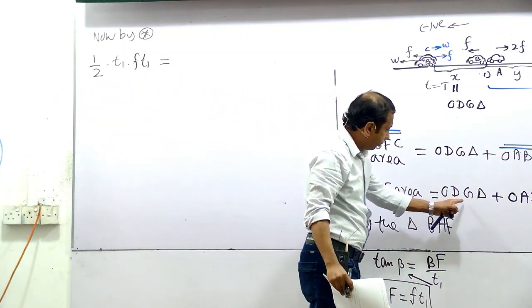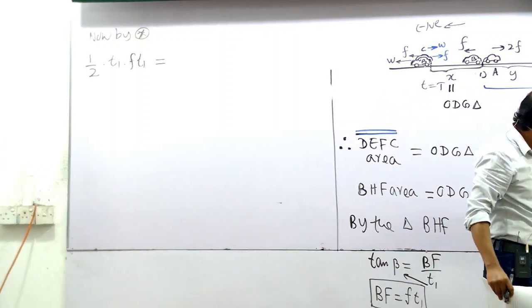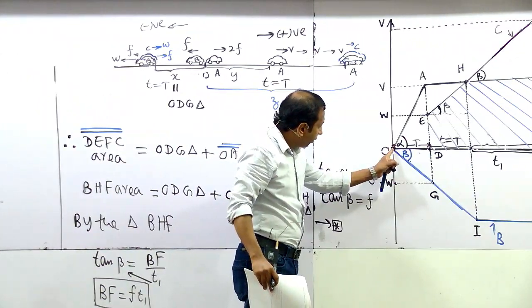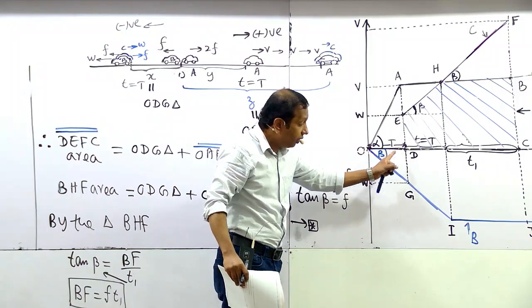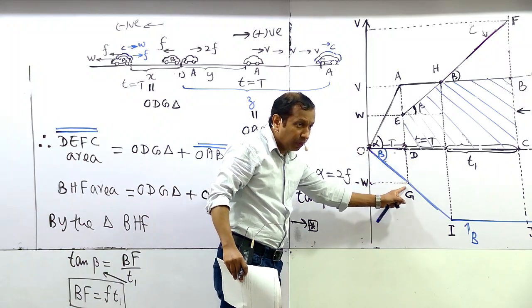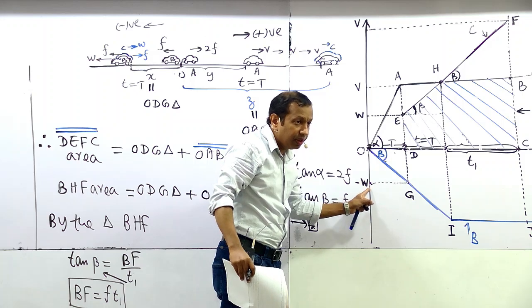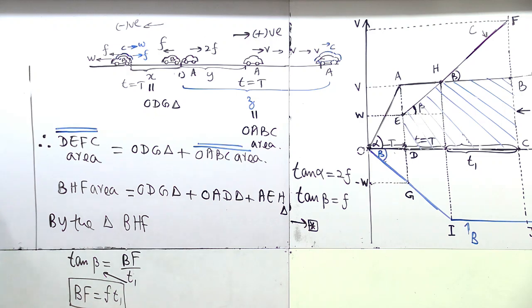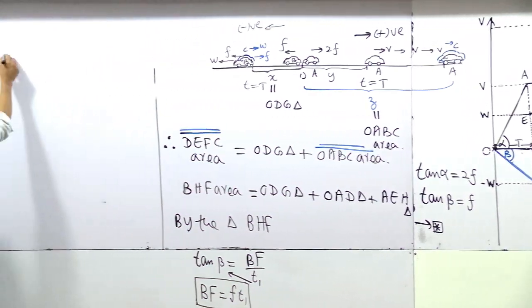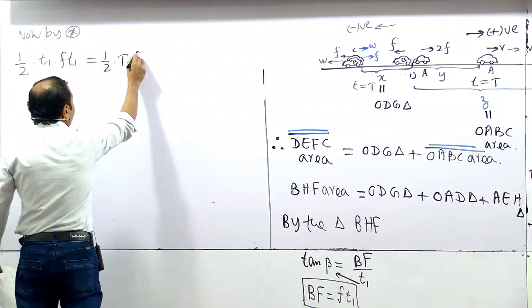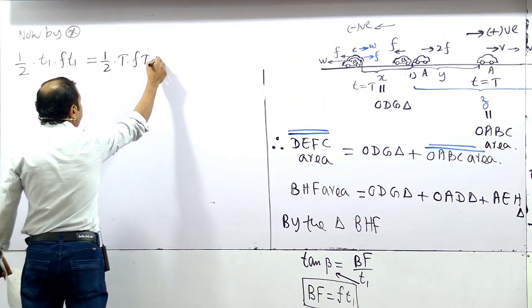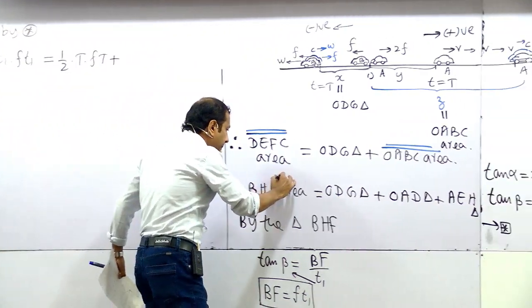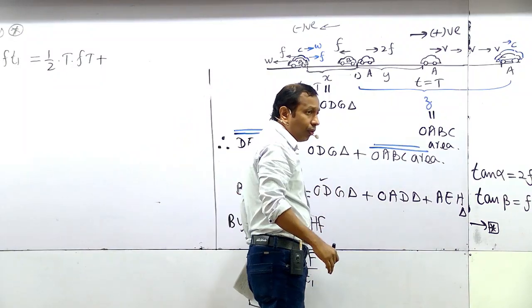ODG area, this. What is that, people? Half base is T. This height W. What is W? We found earlier, FT. Yes. Right. ODG, half base is T, W is FT. Don't put a minus sign there, right? This is okay.